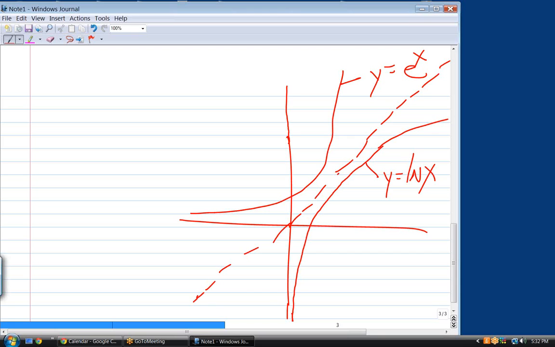In other words, integration is the inverse of differentiation. You haven't had trig yet, but there's inverse functions with trig also. So most functions have inverse functions. And graphically speaking, they are always the reflection of that function about the line y equal x.